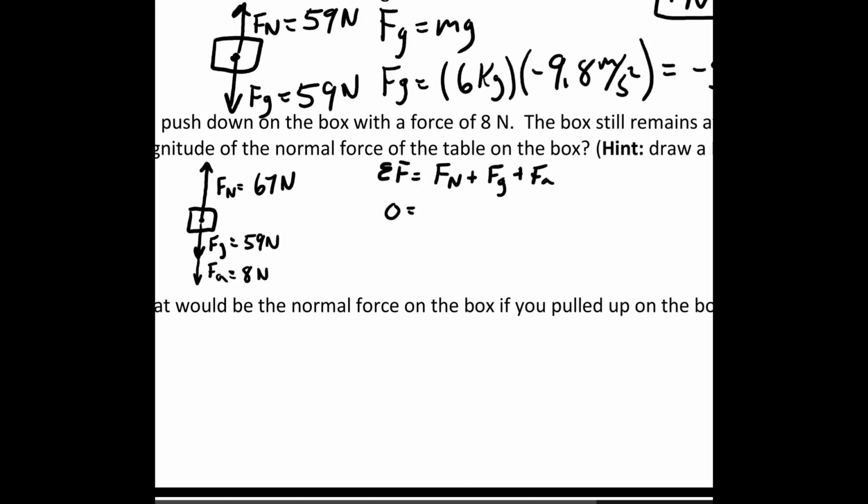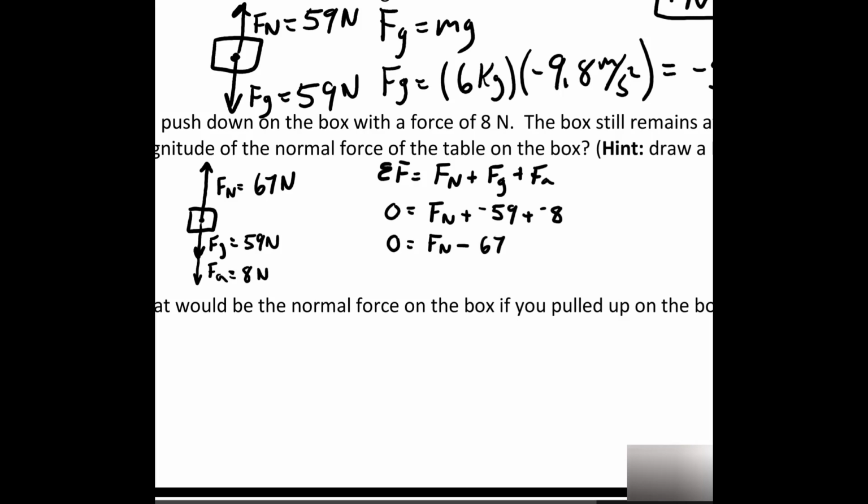It's not accelerating, so the net force must be 0. We're looking for the normal force. Let's pretend like we didn't do that mental math over there. The weight is 59 newtons downward, so it's negative. The applied force is 8 newtons downward, so that's negative. So you get 0 is equal to Fn minus 67.